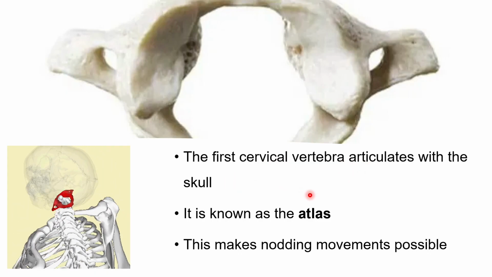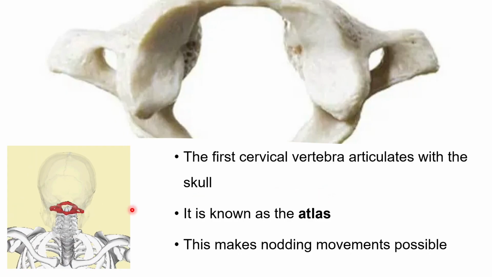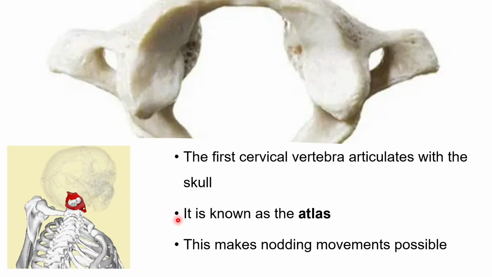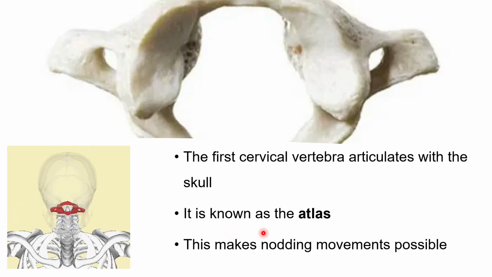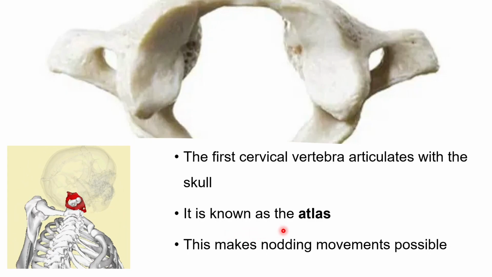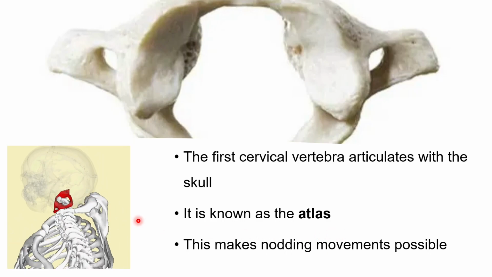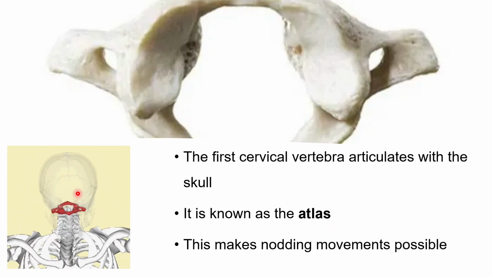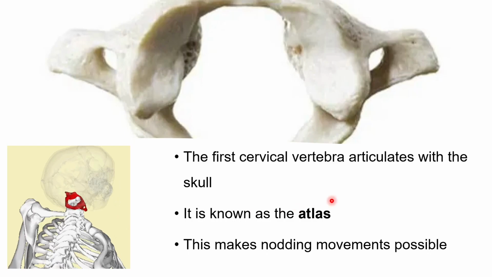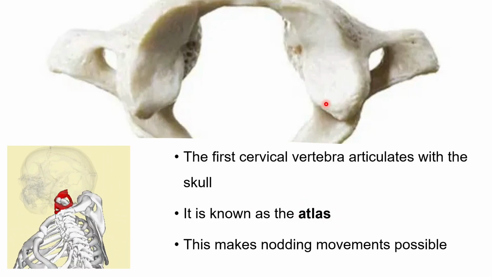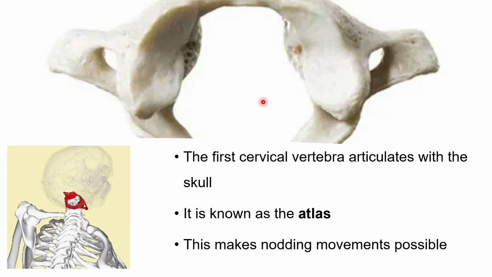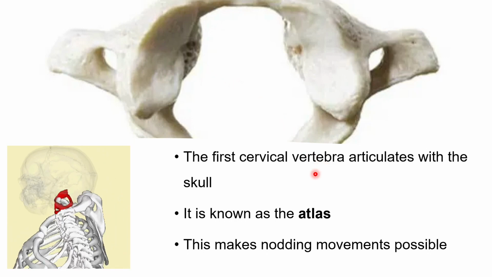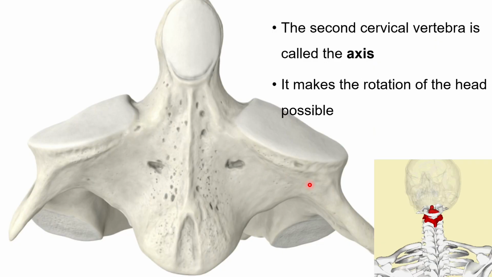It's known as the atlas, the one colored here in red, and that allows the skull to make a nodding, a yes and a no movement possible. So it allows the skull to move up and down. You can see the articulating areas here where the skull articulates on the vertebra.